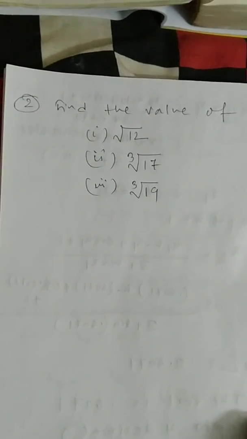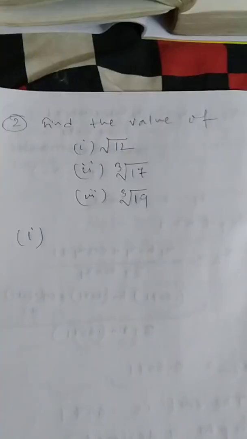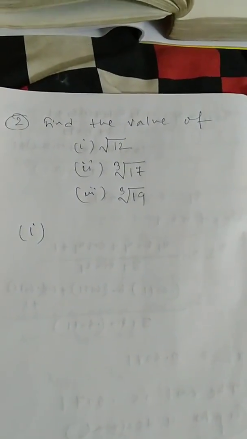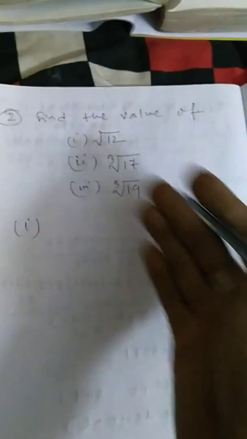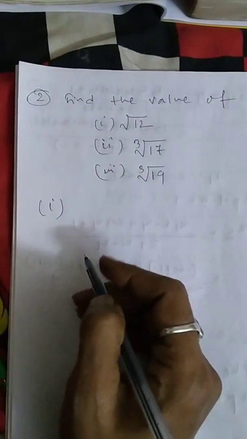So how will we get the value of root 12, or cube root of 17, or cube root of 19? We do just one problem, but the procedure for the remaining will be the same. So suppose we consider the first problem, square root of 12.